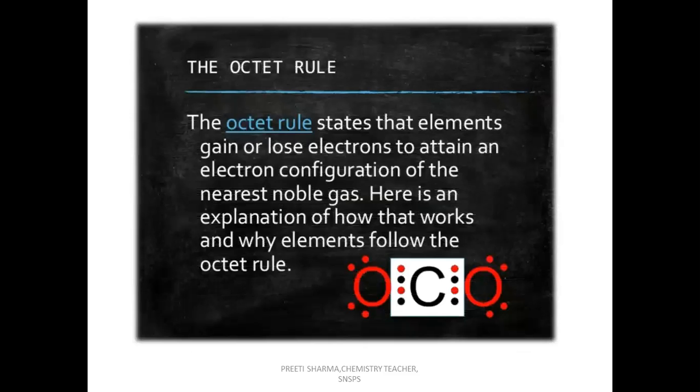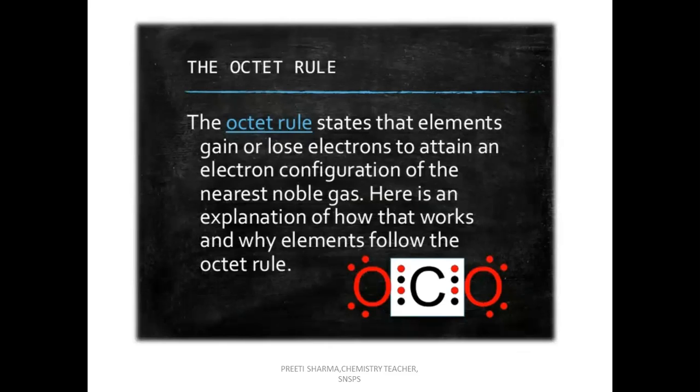Now my question arises, why do two atoms attract each other, right? Why is there a force between two atoms? What is the need to make a bond? So to understand the concept of bond, why two atoms attract together to form a bond between them, is given by the octet rule. Students, we have heard about the octet rule in class 10th also.